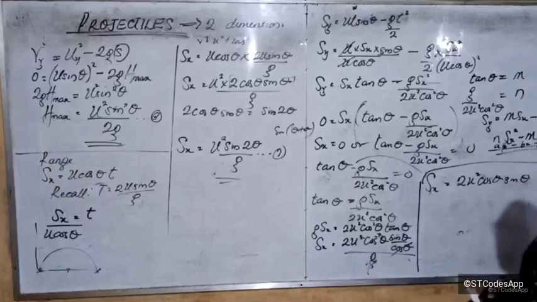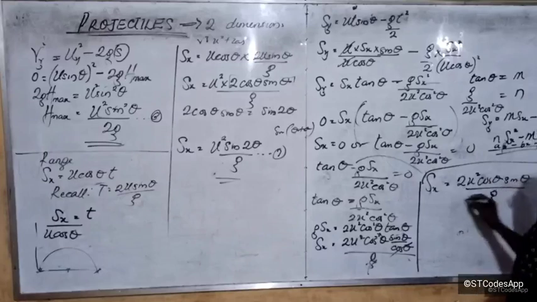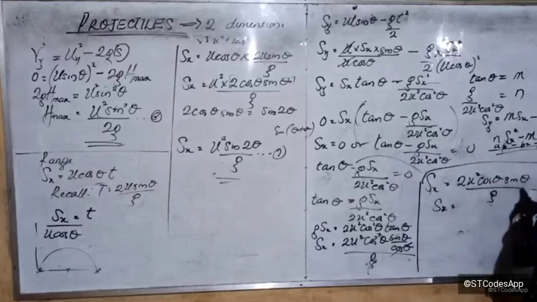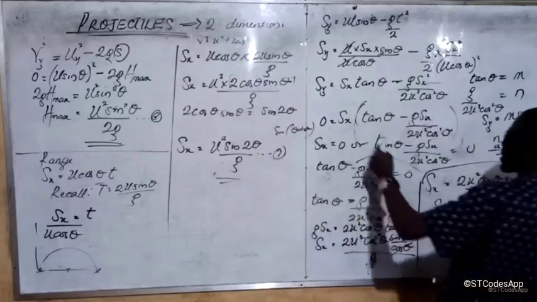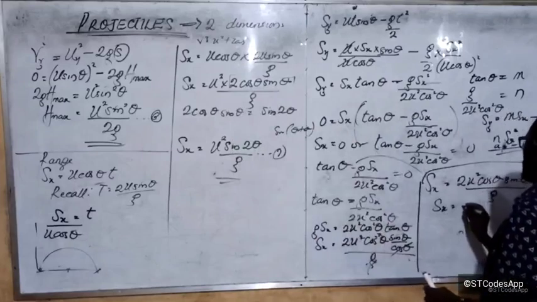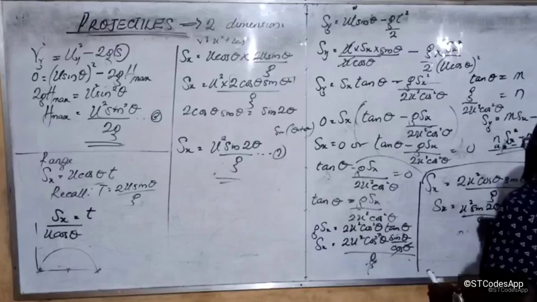All right. So what do we have here? We can separate this all over g. We now have S sub x again, and remember that we have 2 cos theta sine theta. 2 cos theta sine theta is what? Sine 2 theta. So we now have u squared sine 2 theta over g.